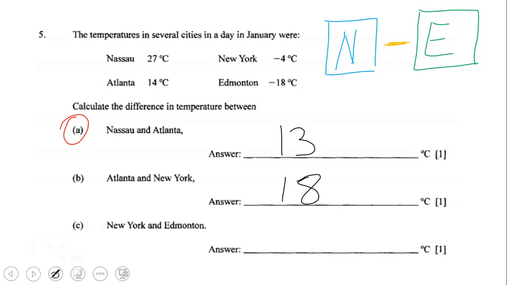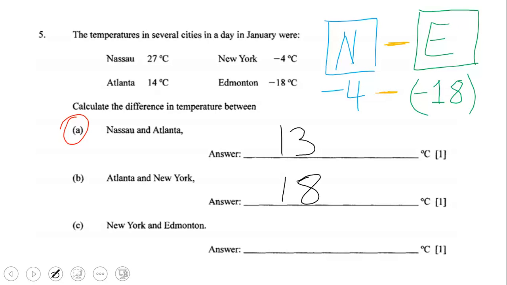Okay, so what is the temperature of New York? The temperature of New York, according to the question, is -4. And what is the temperature of Edmonton? The temperature of Edmonton is -18 degrees Celsius. And now we must not forget our subtraction symbol.